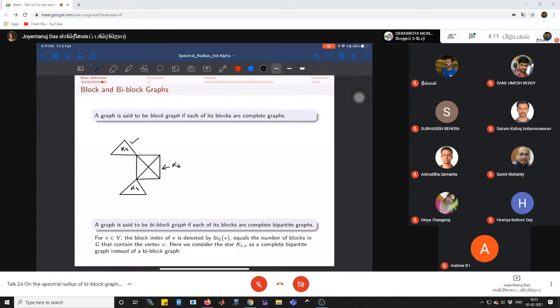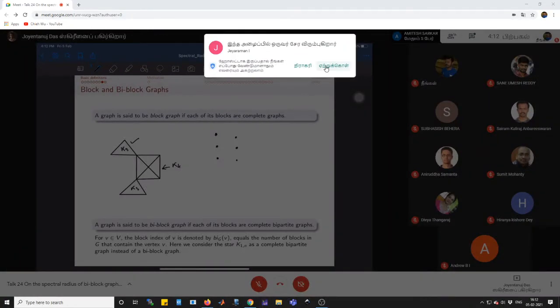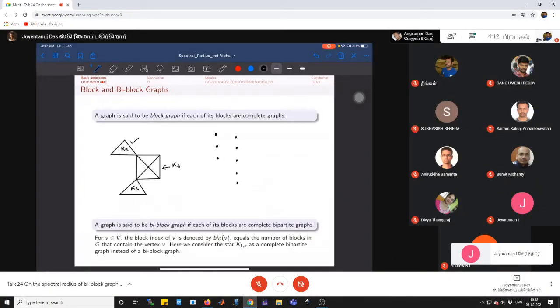So extending this definition, we define what is a bi-block graph. A bi-block graph is a graph where each of its blocks is a complete bipartite block. So if I draw one, I am not drawing all the edges, but all possible edges are there.